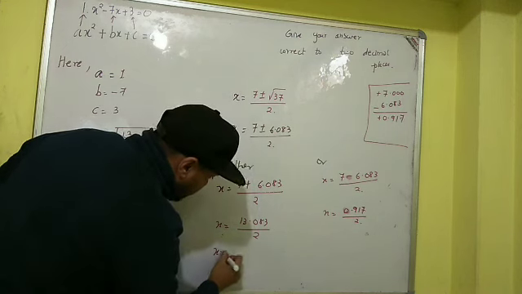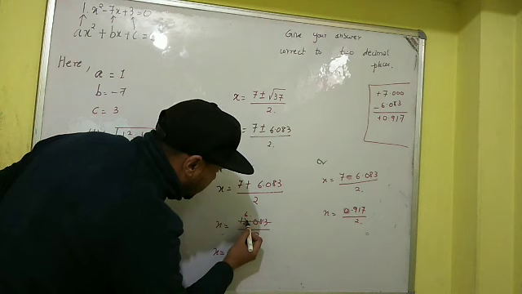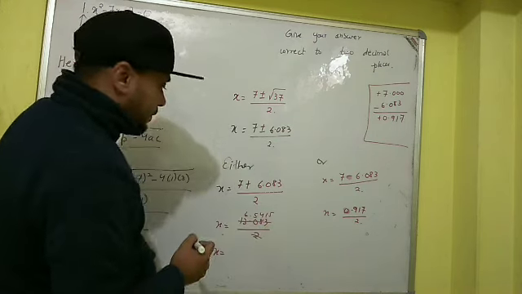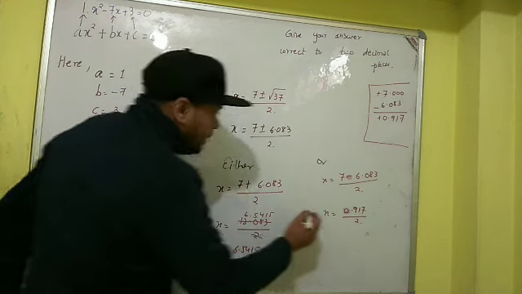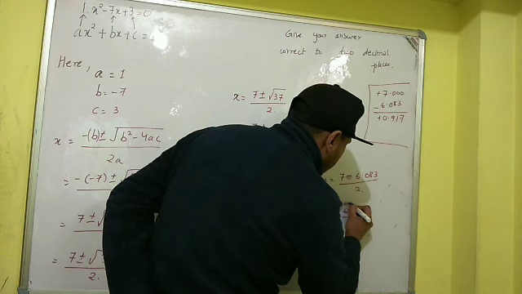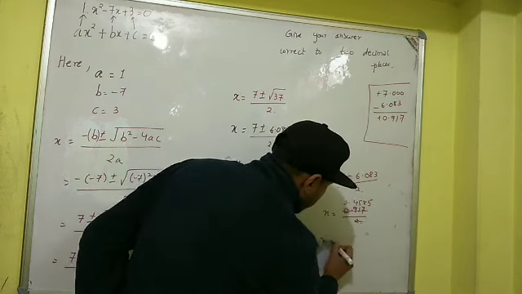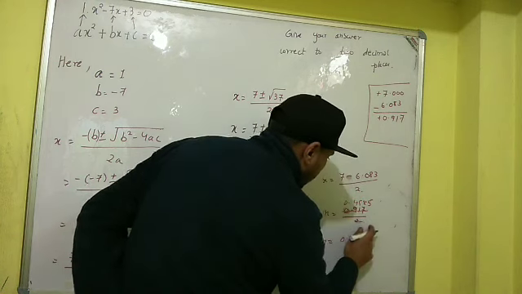If we divide it, 2 6s are 12, 2 5s are 10, 2 4s are 8, 2 1s are 2, 2 5s are 10. So this will be 6.5415, and this will be, 2 0s are 0, 2 4s are 8, 2 5s are 10, 2 8s are 16, 2 5s are 10. So x is equal to 0.4585.